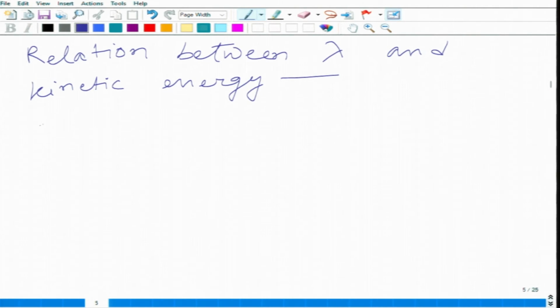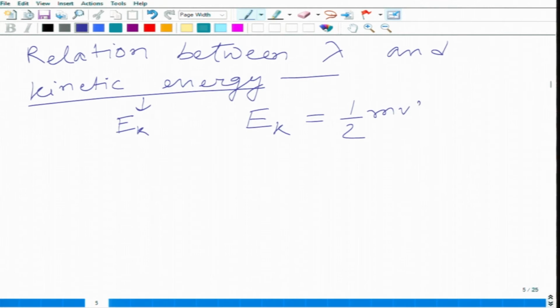So, let's consider kinetic energy as EK. What do we know that the expression of kinetic energy is? Kinetic energy is equal to half of mv square, where m is the mass of the particle and v is the velocity of the particle.